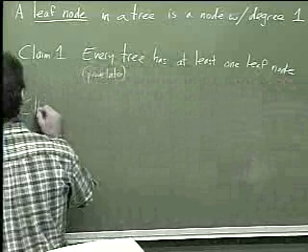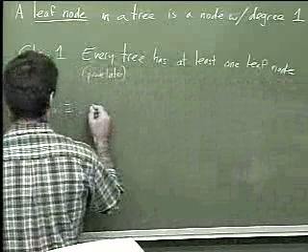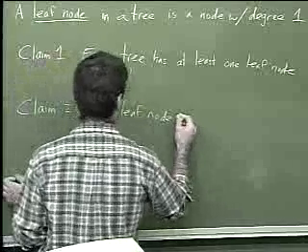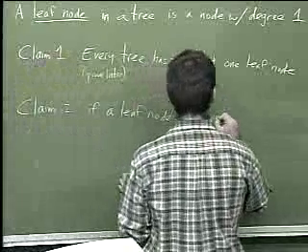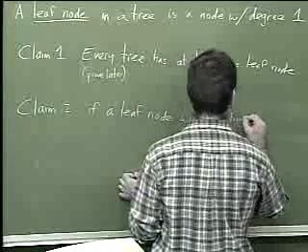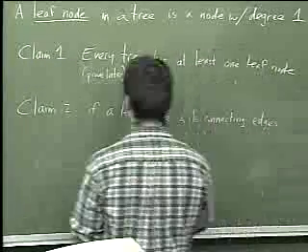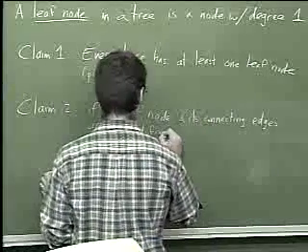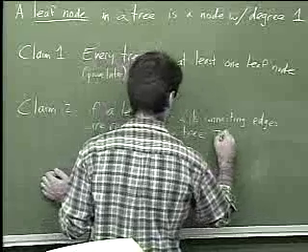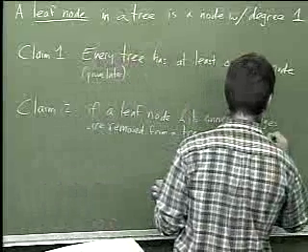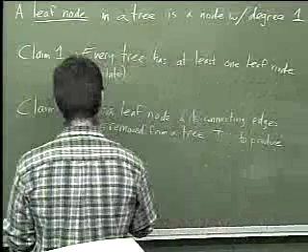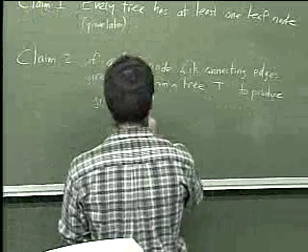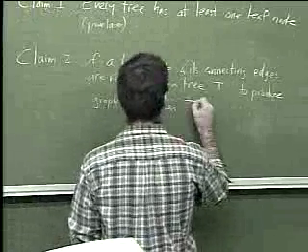Claim 2. If a leaf node is removed from a tree T, along with its connecting edges, to produce graph T prime, then T prime is connected.